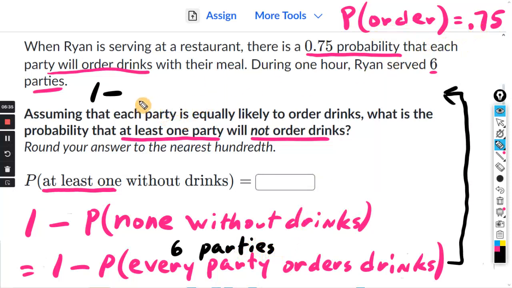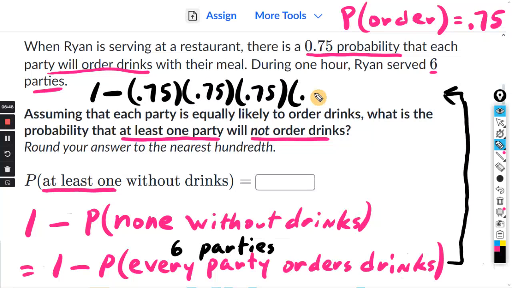So since these are independent events, it's going to be 0.75, that's the first party, the second party, the third party, the fourth party, the fifth party, and the 6th party.